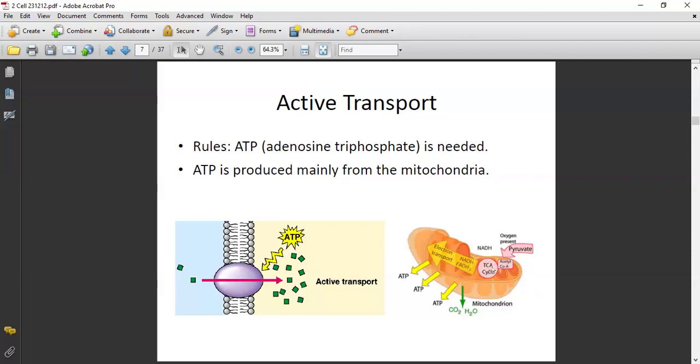With this cycle, they have some products, including NADH and FADH2, and go through the electron transport chain, and that will produce a lot of ATP. The byproducts of this process are CO2 and H2O.